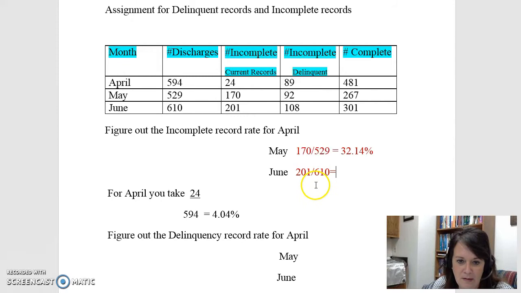If we do that, then on your calculators, 201 divided by 610 equals, this is what you get on your calculator, 0.3295082, right?